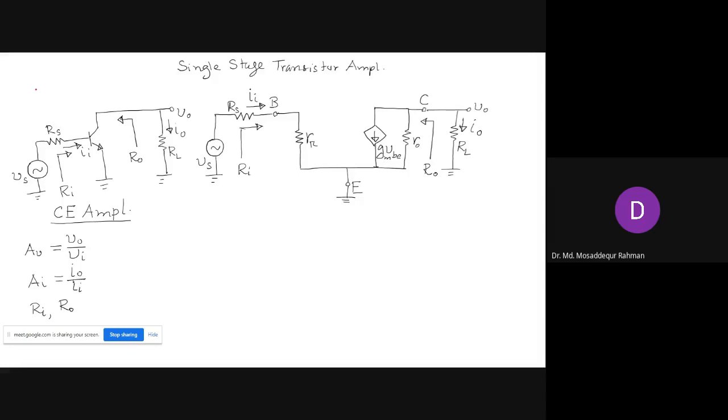Can anyone tell me? Ri. It's pretty straightforward, no?